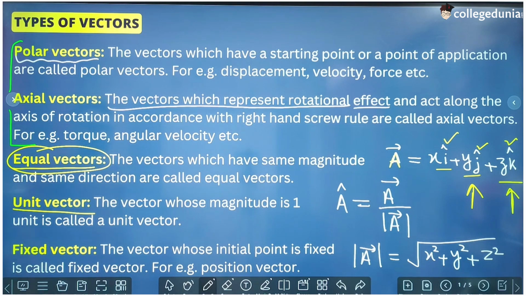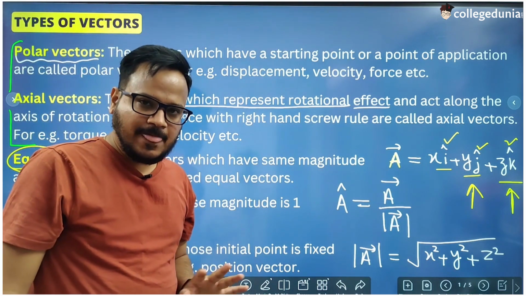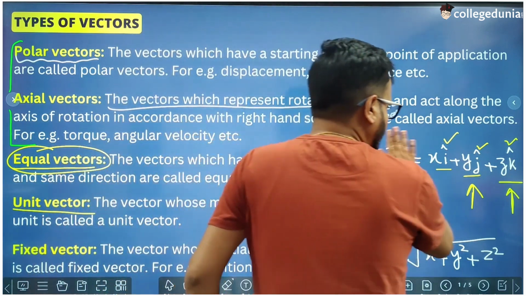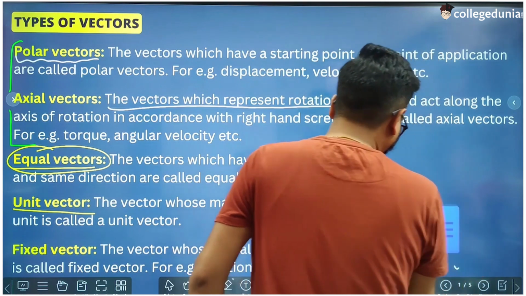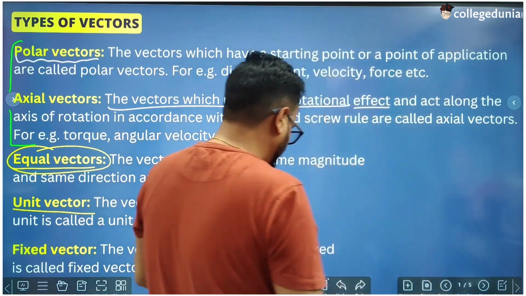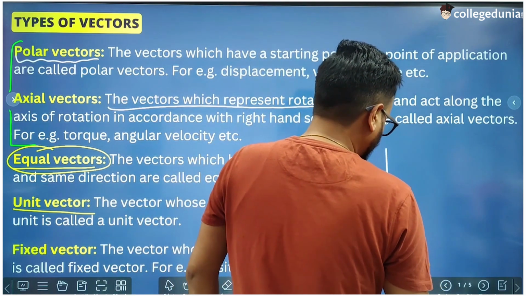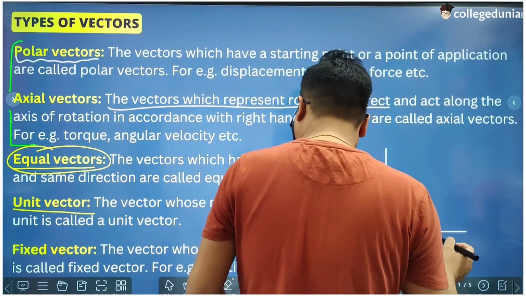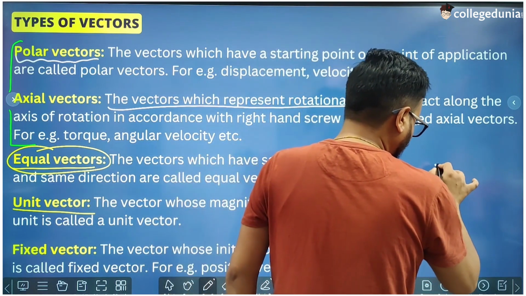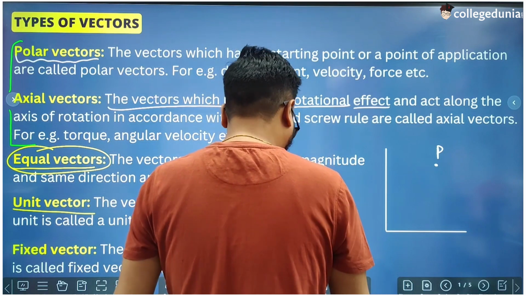What is a fixed vector? A fixed vector is a vector whose initial point is fixed. Like when you take the position vector of any point, what you do? You fix the initial point of the position vector as origin, right? If this is the y-axis and this is the x-axis and here we have a point P, so what is the position vector of this point?